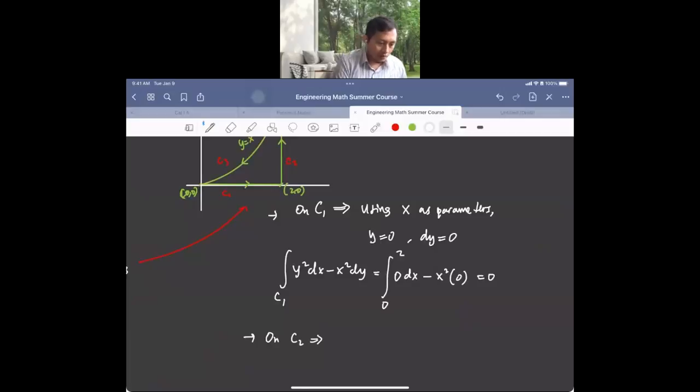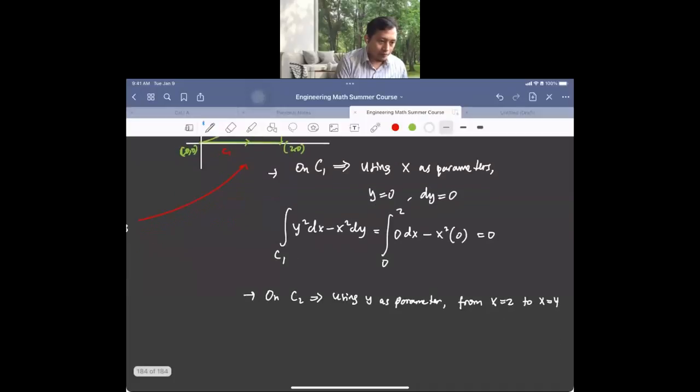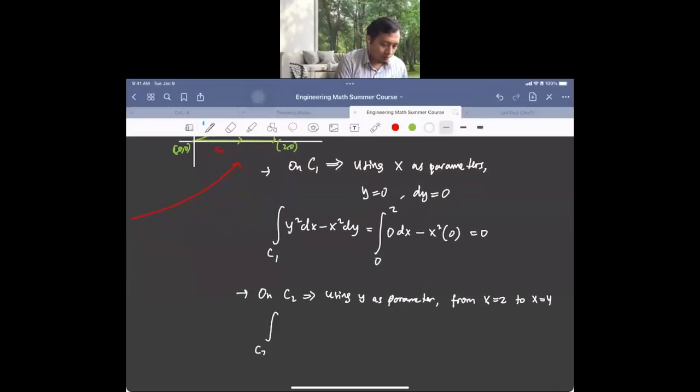On C2, using y as parameter, from x equal 2 to x equal 4. So we'll write C2. Then the dx will be 0.